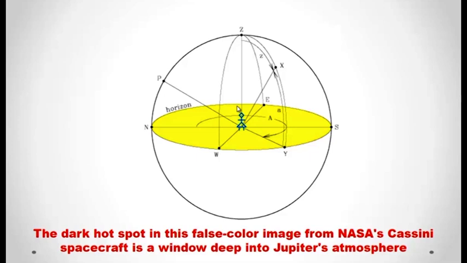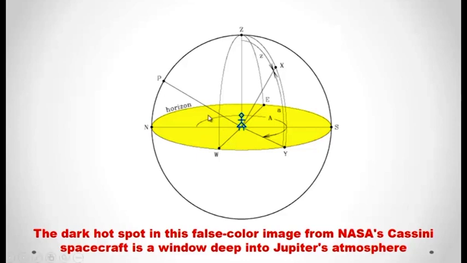In that celestial sphere, great circles are drawn. Great circles are nothing but big circles drawn around the sphere. This is the concept of a great circle in the celestial sphere.